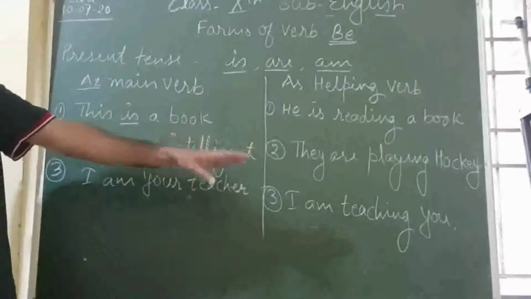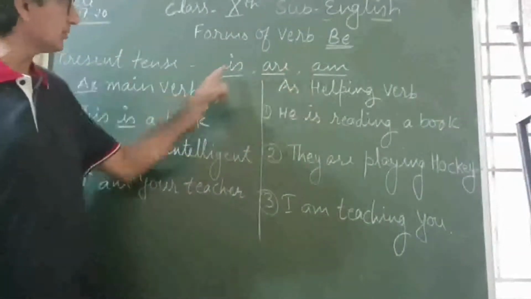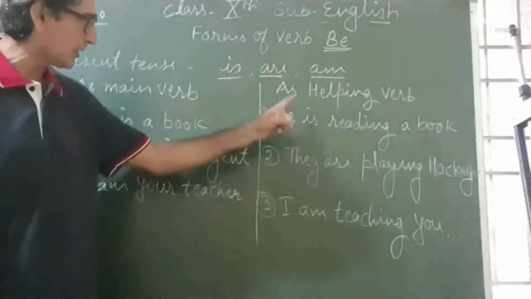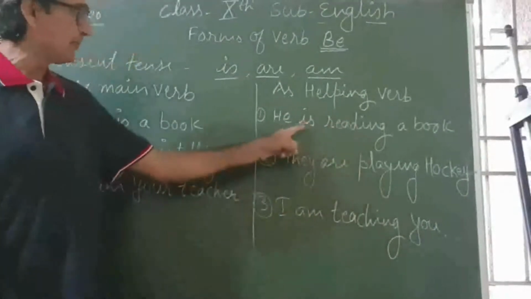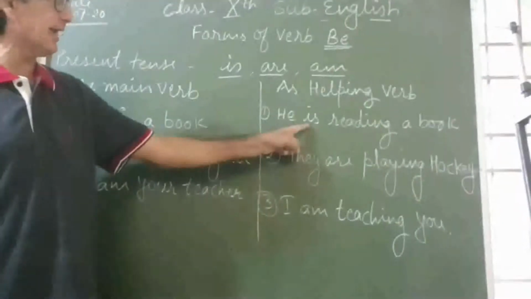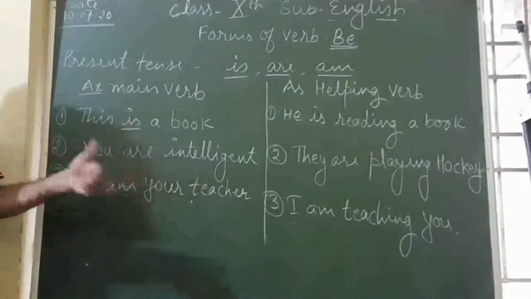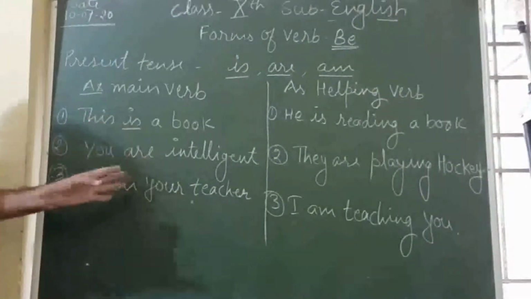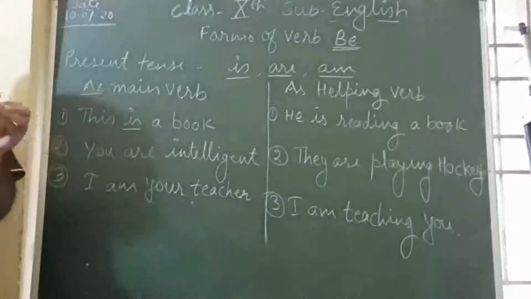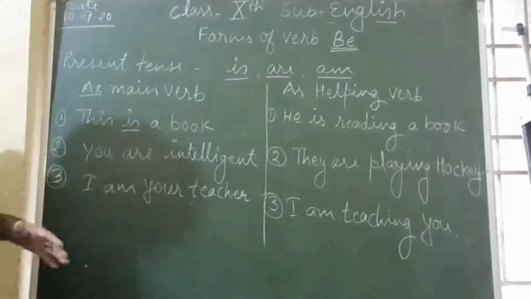So when is, are, or am are used with the main verb, they are taken as helping verbs. But without any other main verb, we use them directly as main verb to show the state or condition or status of any action or person.